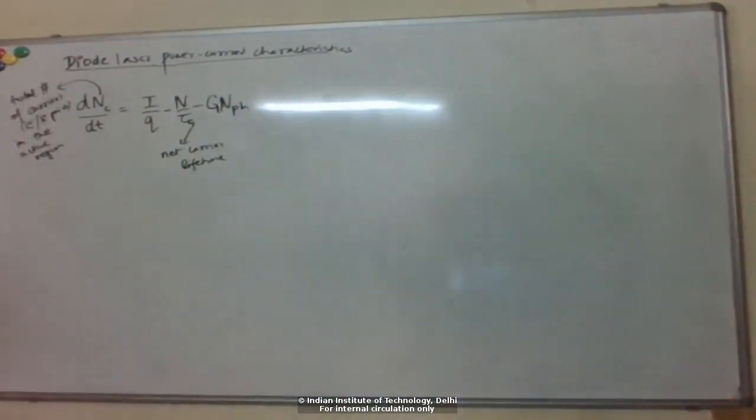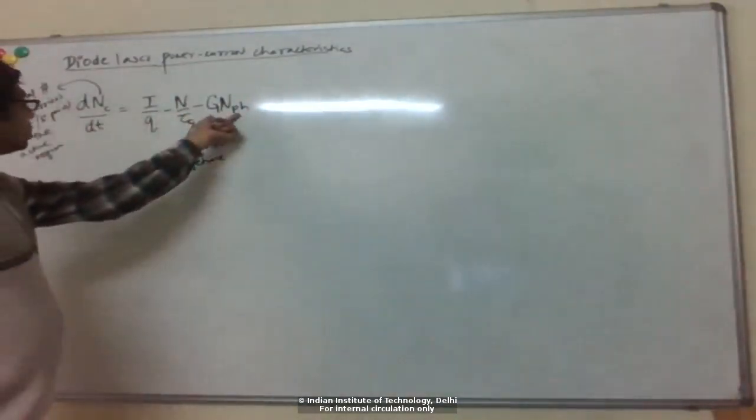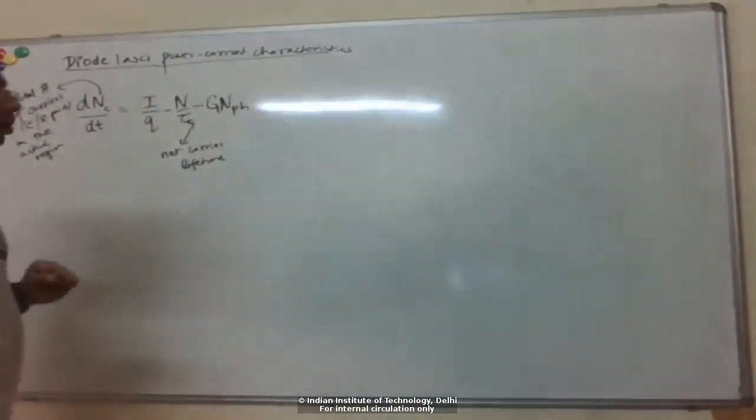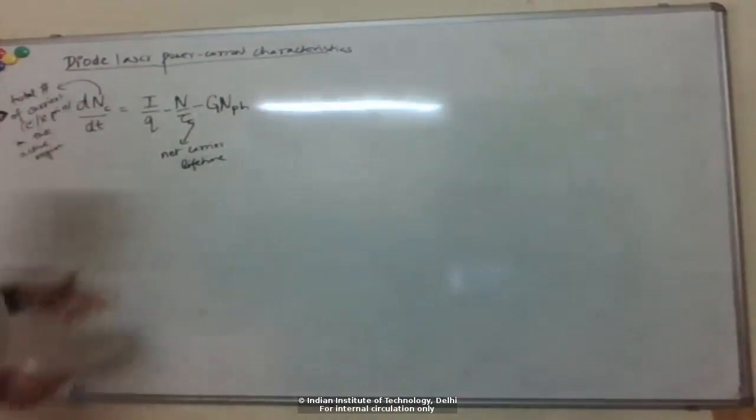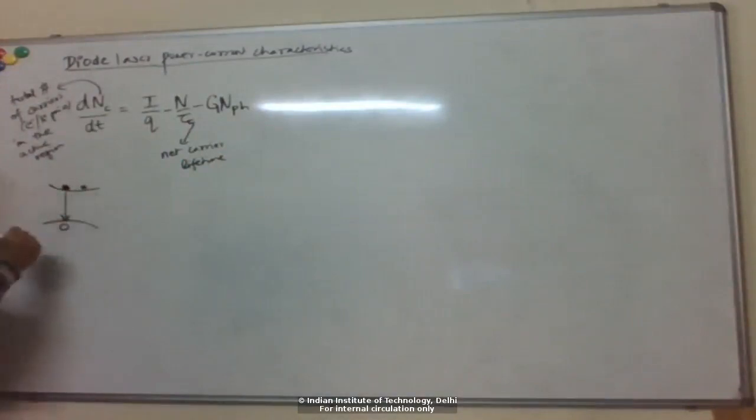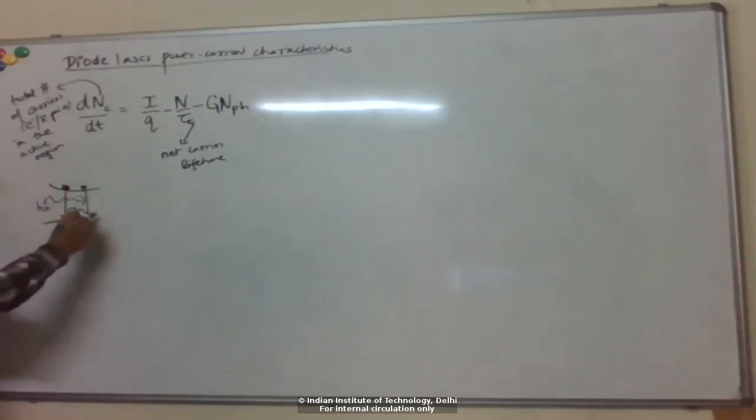This additional term is the stimulated emission. So not only are the carriers recombining due to spontaneous emission, giving out photons, but they're also being stimulated down by existing photons in the cavity, right?